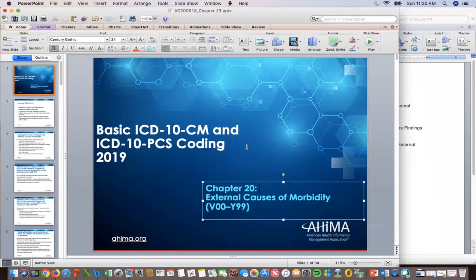These codes capture how the injury or the health condition happened, the intent: was it unintentional or accidental, or intentional, such as suicide or assault; the place where the event occurred, the activity of the patient at the time of the event, and the person's status. That is, are they civilian? Are they military? So again, very, very specific codes to help identify what has happened to that patient.